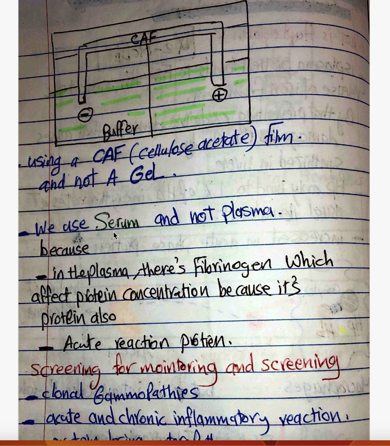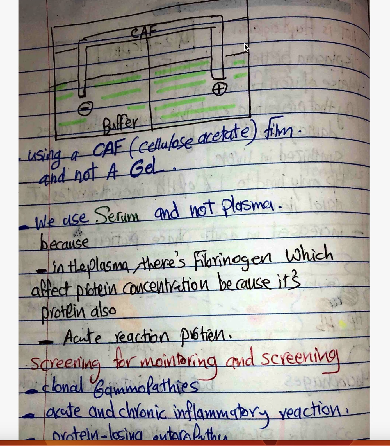We use serum and not plasma, because why? In the plasma there is fibrinogen, which affects protein concentration because it's also a protein, and it's an acute reaction protein. So in these conditions we use the serum and not the plasma, because we want to measure the proteins.